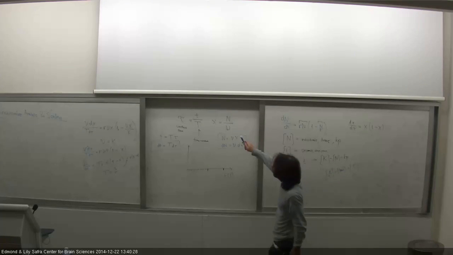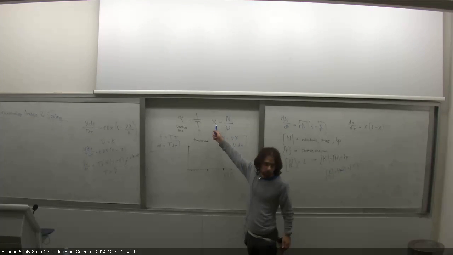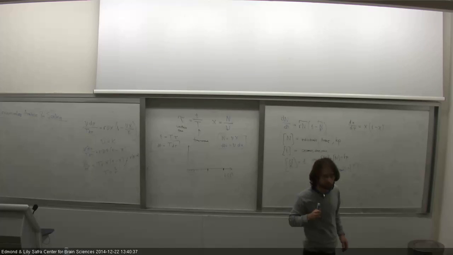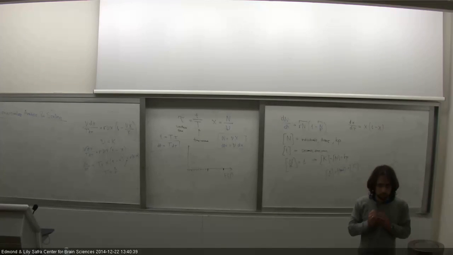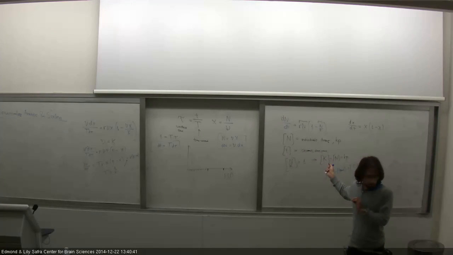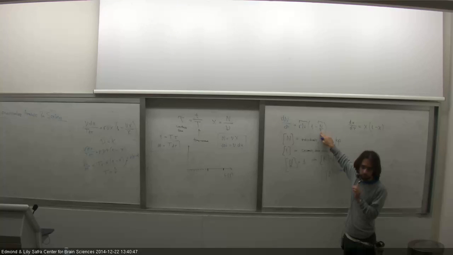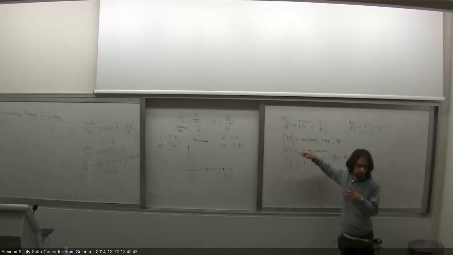So x is designed to be unitless, so this should have units of population. This was an easy system, because you had one constant, one parameter that has units of population, and one parameter that is 1 over time.